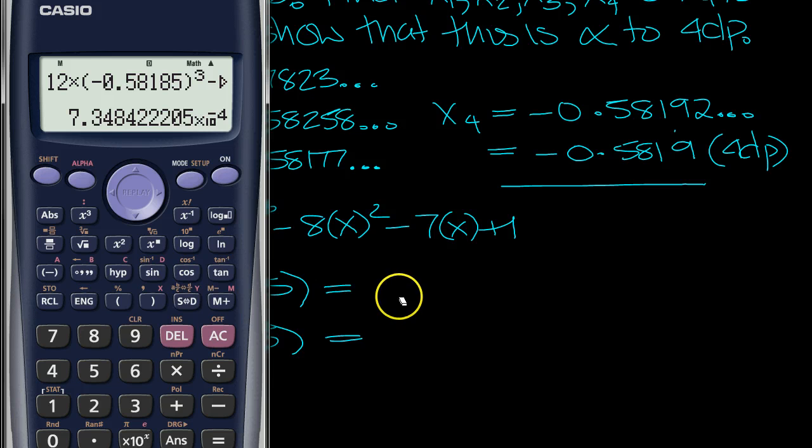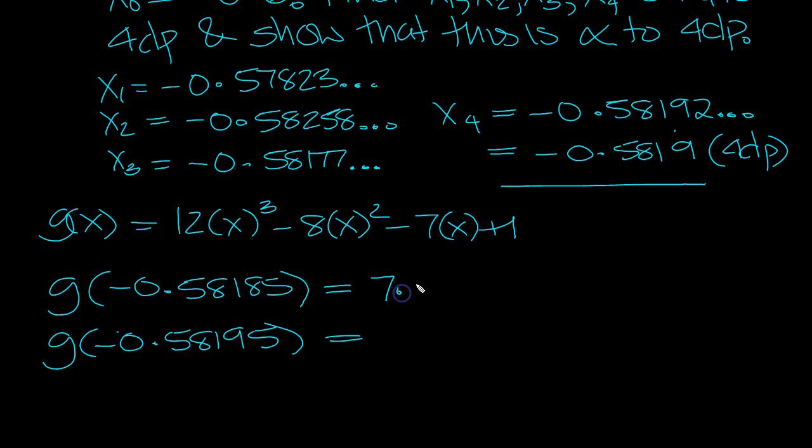Okay, so we get 7.348 times 10 to the minus 4, which is positive. And here, greater than or equal to 0, in other words, greater than 0 rather.